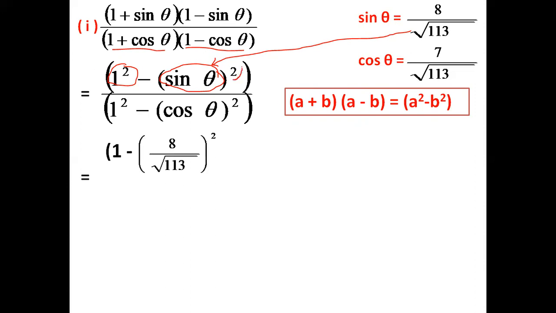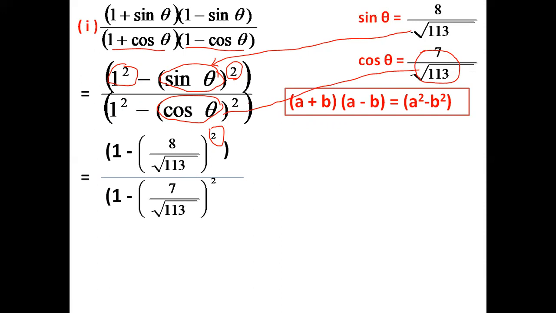Right, here square is there, so write here square, and divided by, bracket close. In the denominator also, 1 square means 1, minus, and in place of cos theta, what do we have to write? Cos theta is 7 by under root 113. So you have to substitute here, and whole square. So bracket 7 by under root 113 whole square, bracket close.